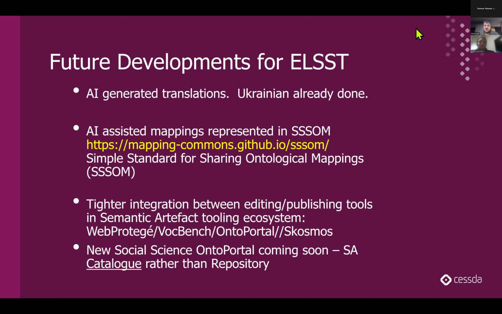This is a semantic artifact catalog rather than a repository. So there will be a copy of ELST on there, but that will be for the purposes of findability and for discovery rather than actually being the repository as such. So these are just a few of the things that are coming up for ELST in the next year.